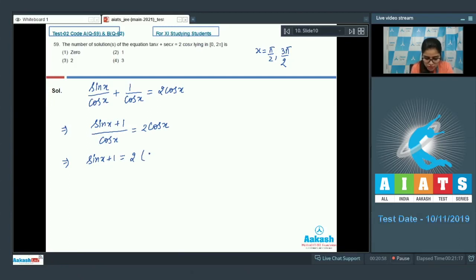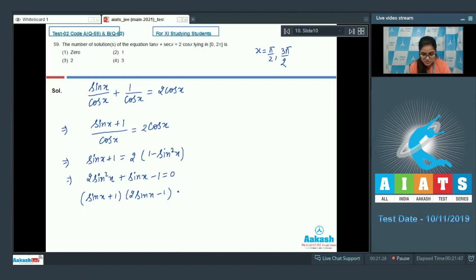You can write 2 cos square x as 2 into 1 minus sin square x. So from here you are getting 2 sin square x plus sin x minus 1 is equal to 0. So (sin x plus 1) and (2 sin x minus 1) is equal to 0. So from here you are getting sin x is equal to minus 1 and sin x is equal to half.